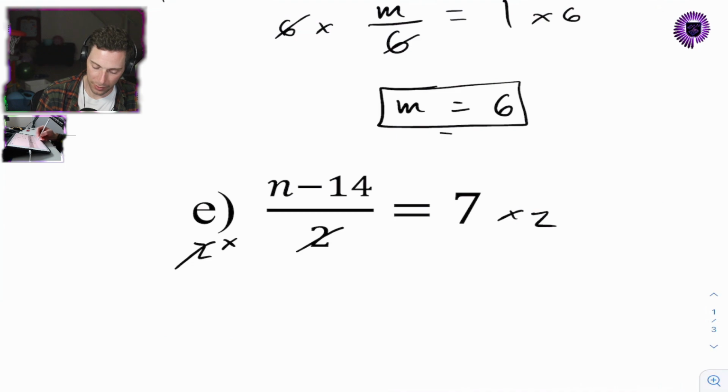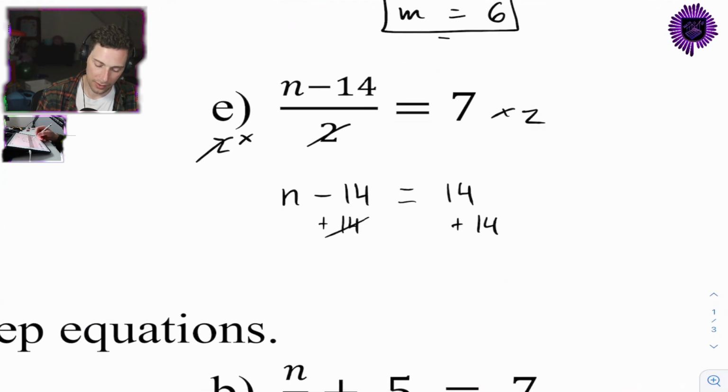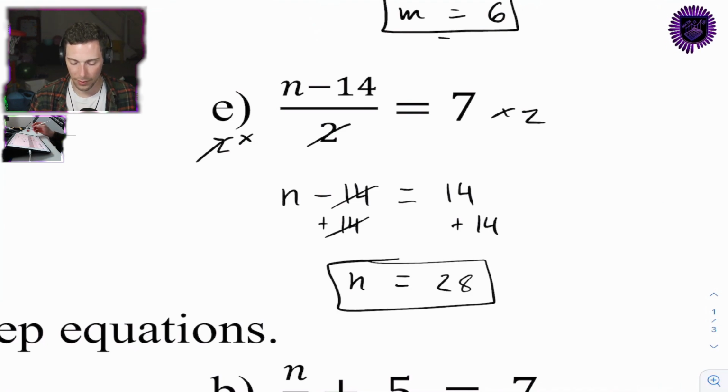This side cancels out, leaving us n minus 14 equals 14. Then we add 14. And do that to both sides. And then on this side it cancels, leaving us with n is equal to 28. That's our answer.